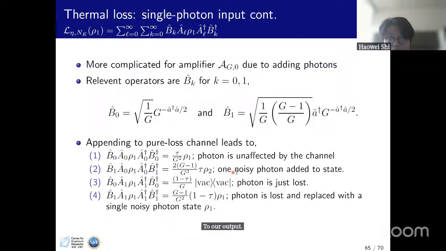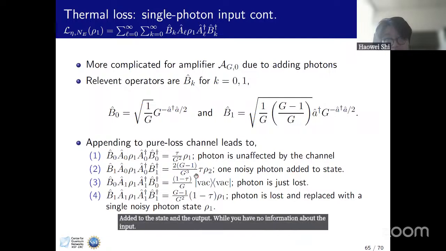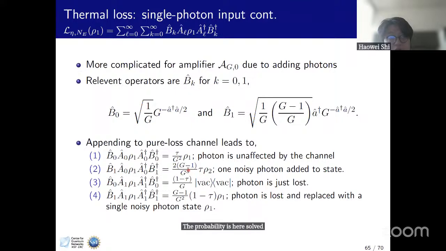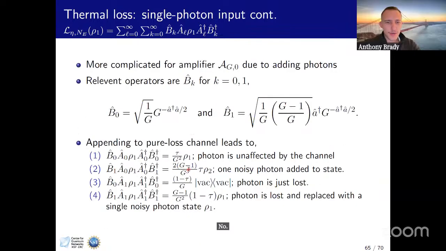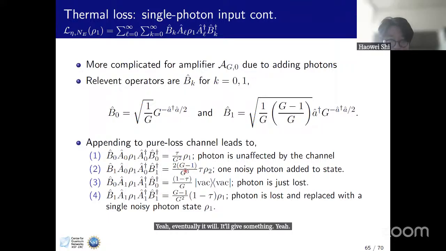This will give us one noisy photon added to the state at the output, while you have no information about the input. The probability is here, and I will give an explanation later. Here we just show the result. We show the amplitude here.